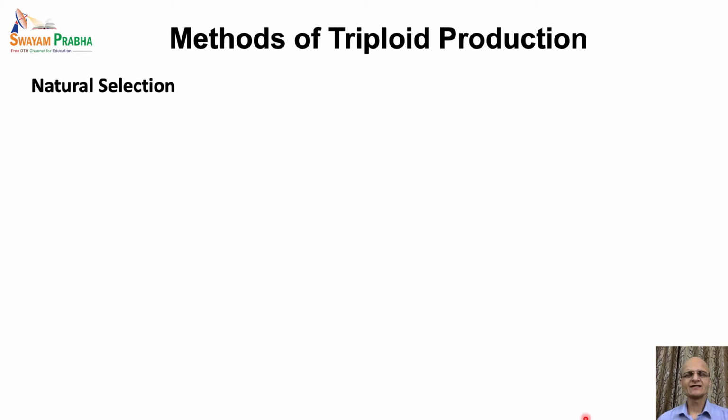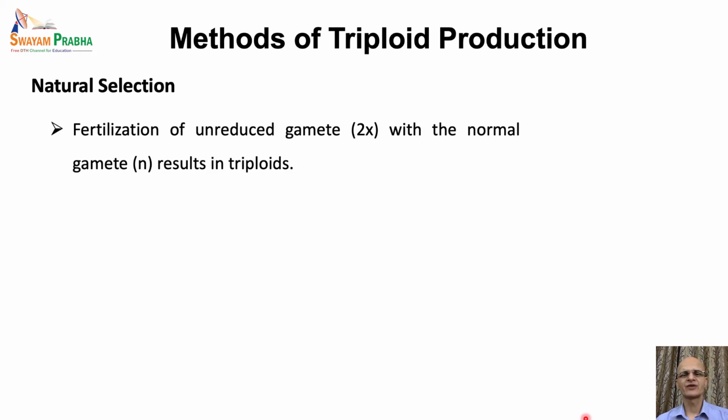So the first is natural selection, or the occurrence of triploids naturally. Though the frequency of natural triploids is very low, they do originate spontaneously in nature. In nature, triploids may originate from the fertilization of unreduced gametes with normal gametes.